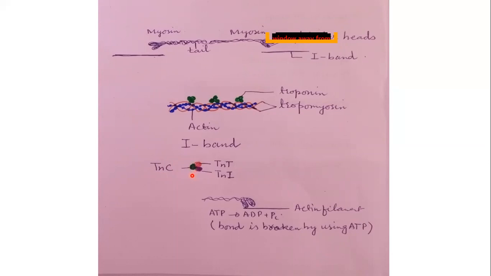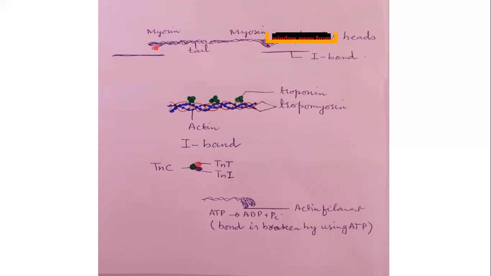Once tropomyosin displaces along with what? Troponin molecule, it exposes the myosin binding site on the actin filament, and the heads of the myosin bind with the actin filament after that.